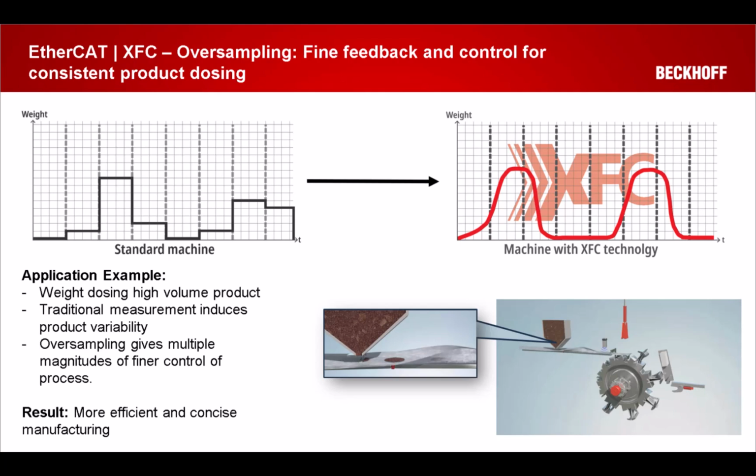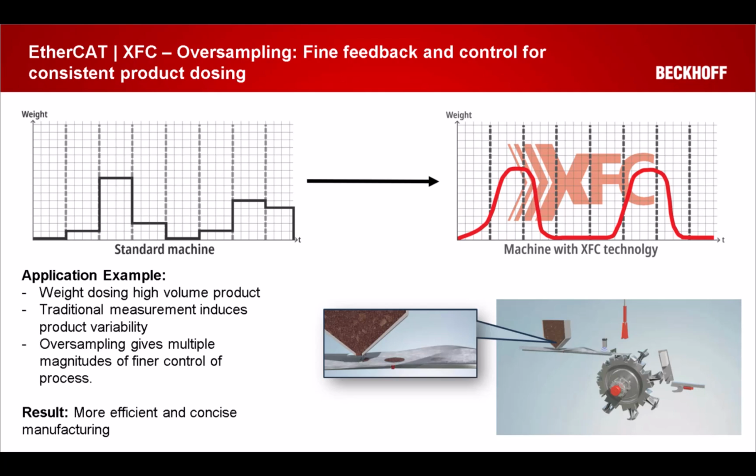High volumes of products are being produced, but a traditional measurement would maybe induce variability as an overage or underage of product. And this may lead to either a cost to the manufacturing company in their process as they are over-providing product, or it could lead to customer complaints where there is a shortage of that product, the complaint being that customers are being undersold.